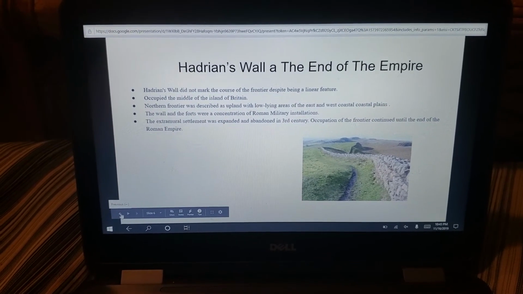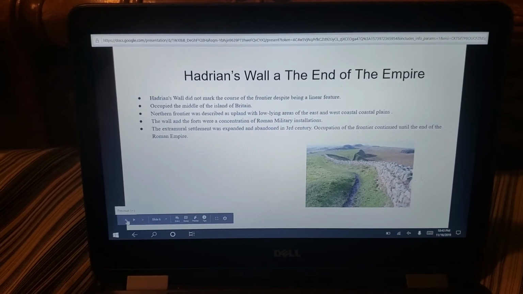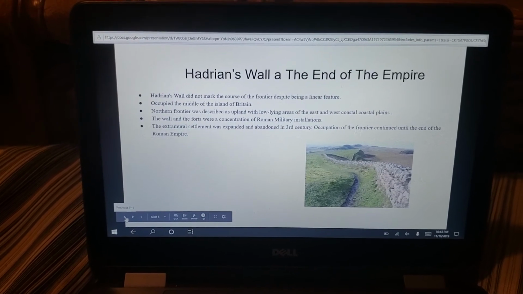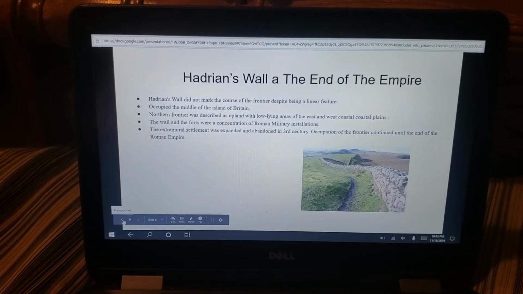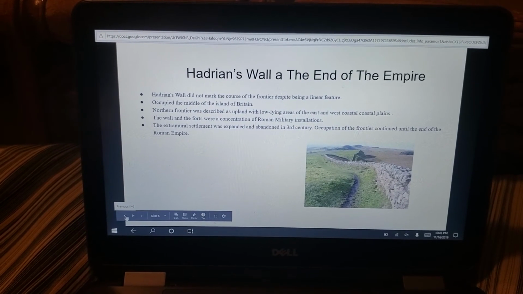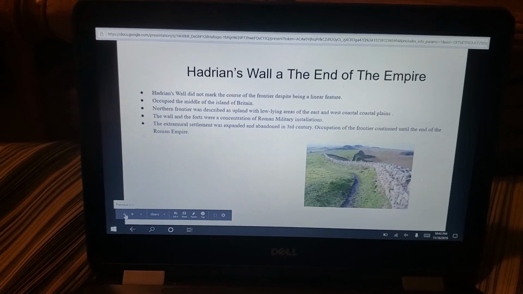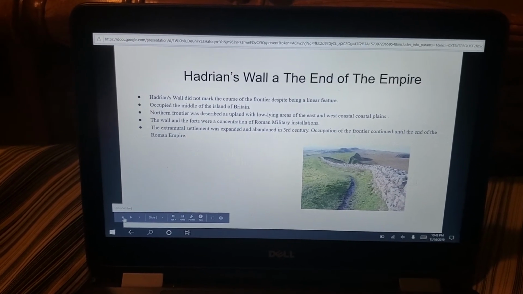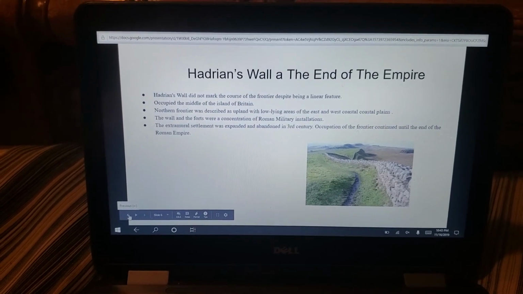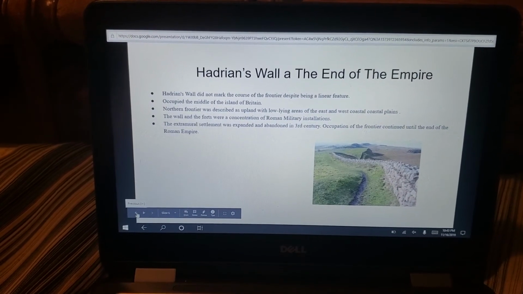This showed that the Romans cared about protecting their empire, and they did not want anybody else coming across these walls. The soldiers did well at defending it during the time, and eventually in the early 400s the military occupation ended, and this is about the 3rd century.